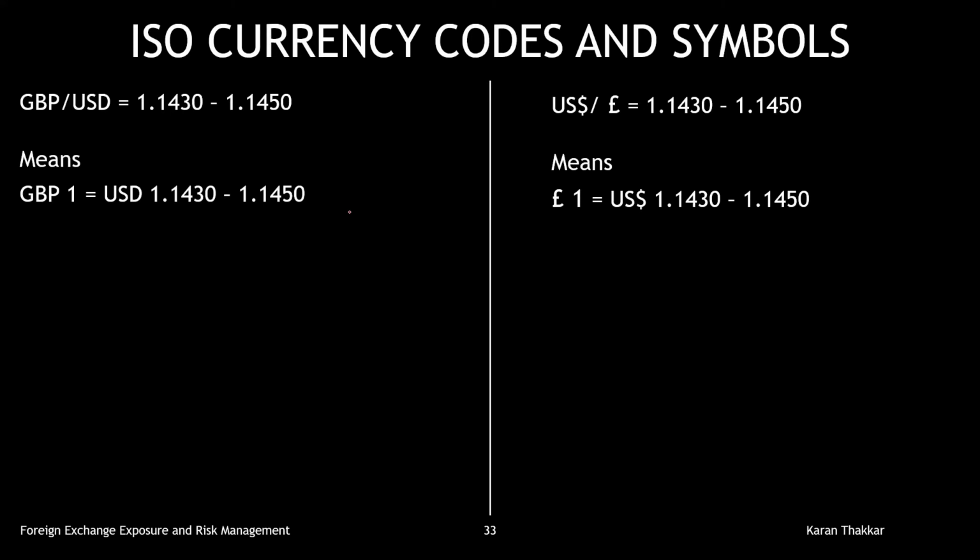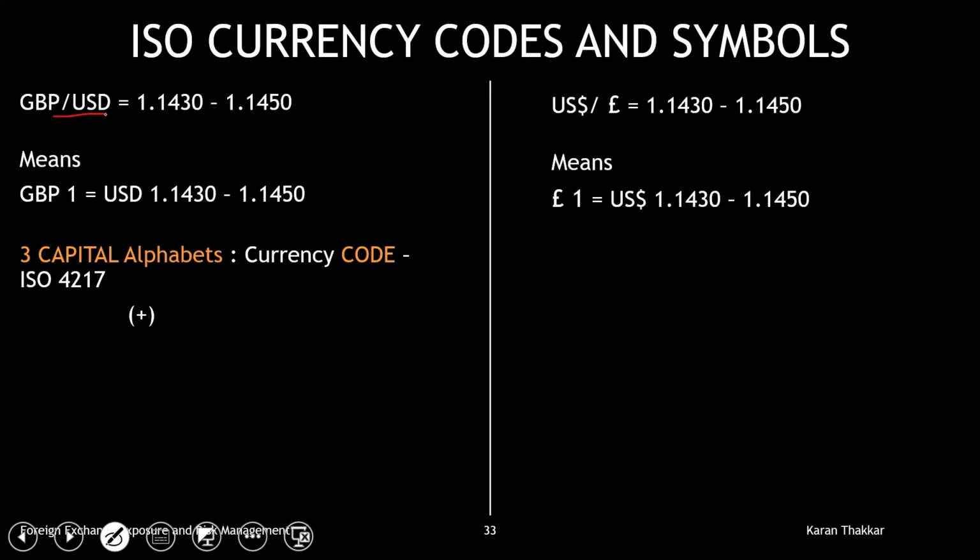And you may say, why are they written differently but have the same meaning? This is because of the use of a currency code and a currency symbol. If you're given three capital alphabets, that's a currency code. So three capital alphabets, and these are the currency codes: GBP is pounds and USD is US dollars.